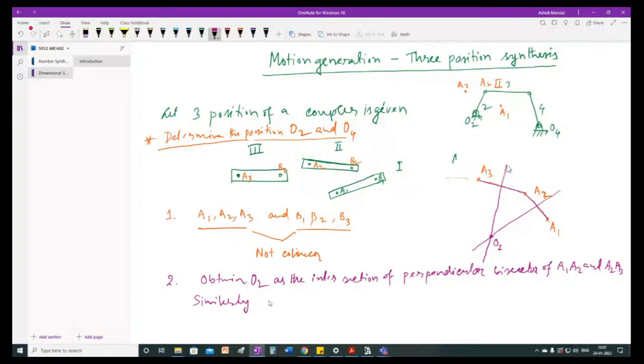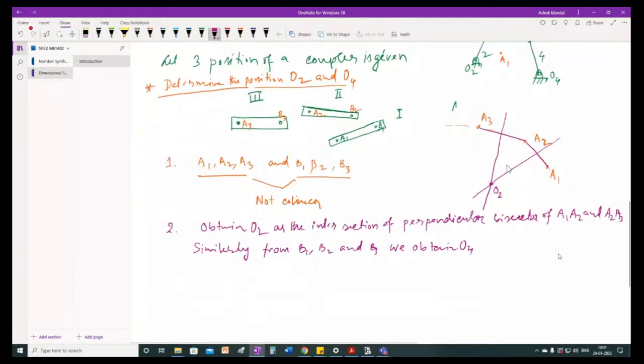Similarly, from B1, B2 and B3, we obtain O4. The problem becomes simple.